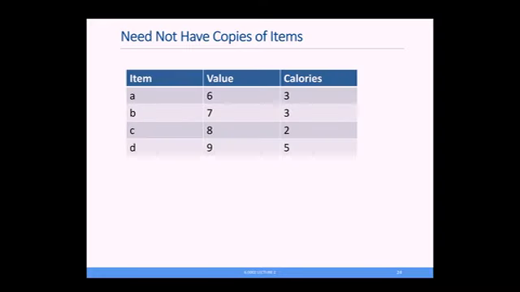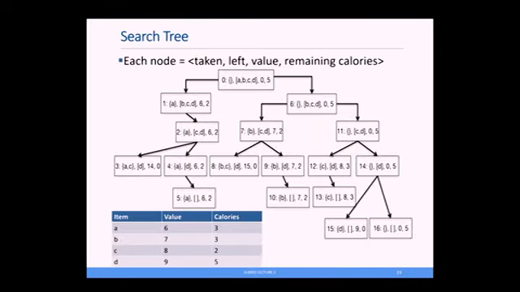And the point I want to make here is shown by this. So here I've again drawn a search tree. And I'm showing you this because, in fact, it's exactly this tree that we'll be producing in our dynamic programming solution to the knapsack problem.